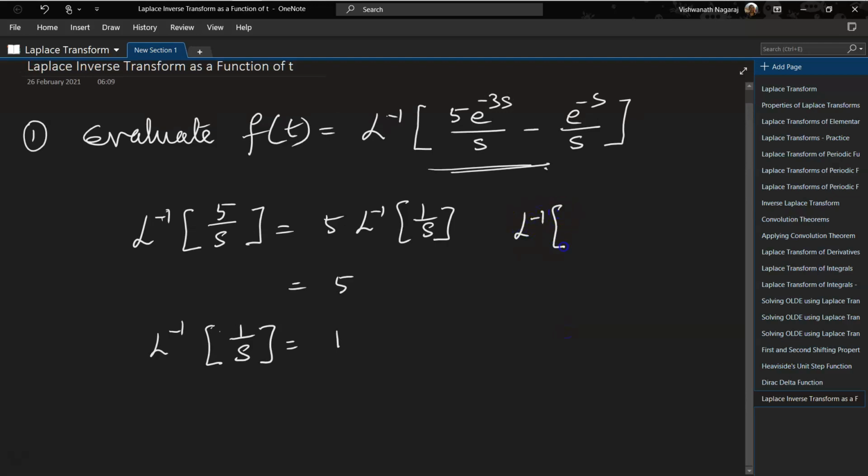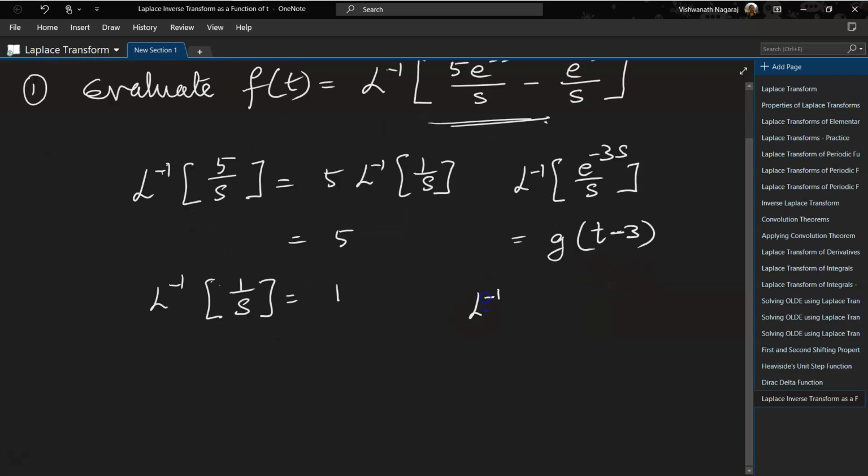Laplace inverse of e to the power of minus 3s by s. This we can directly write as g of t minus 3. Right? We know this. Similarly, Laplace inverse of e to the power of minus s by s is equal to, again, g of t minus 1.